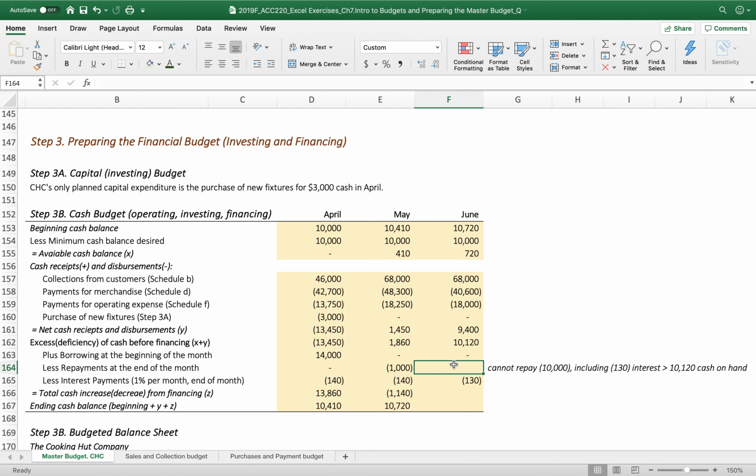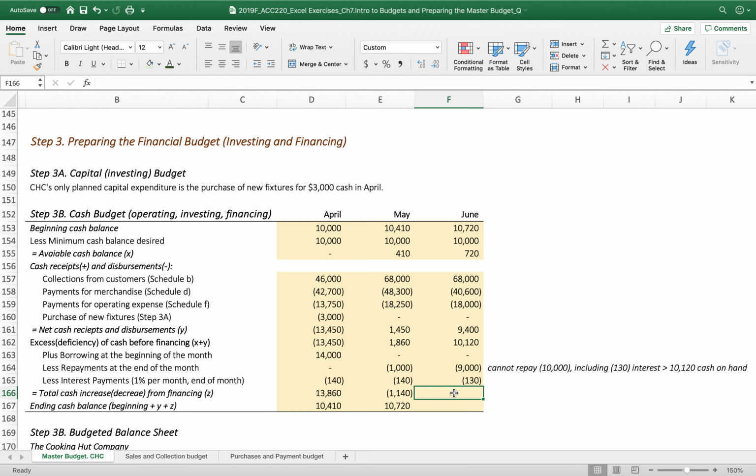If we pay out $10,000, what would happen? 10,130 is bigger than 10,120. So it cannot happen, right? We cannot pay out more cash than the cash on hand, right? So this amount should be negative 9,000. Okay, 9,000 is the only amount we can repay to the bank.